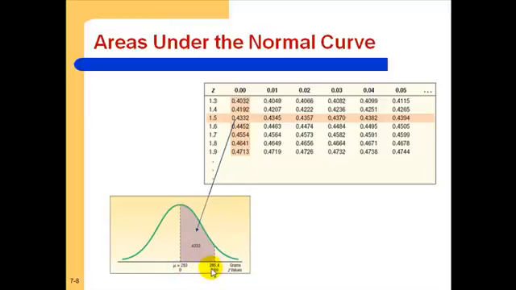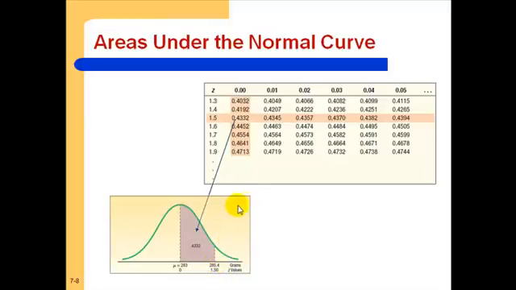How about this number, 285.4? The Z value for it, we use 285.4 minus the mean number 283. Then we get 2.4 divided by the standard deviation.